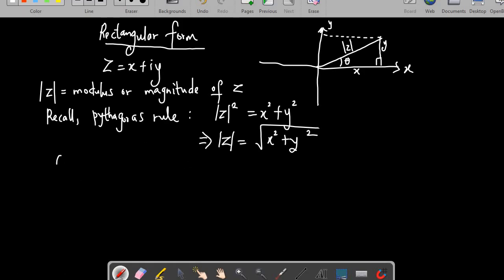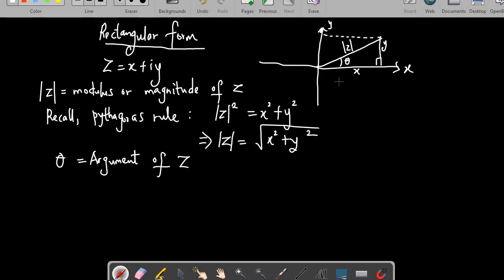Now that theta you see there is what we call the argument. The argument of z is the argument of a complex number, and it is the angle between the complex number and the positive x-axis.